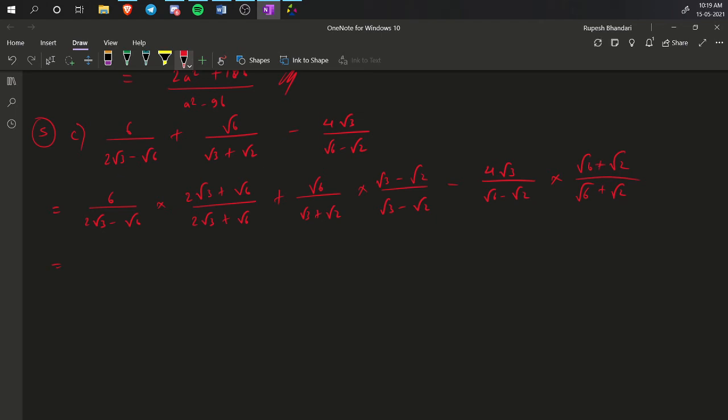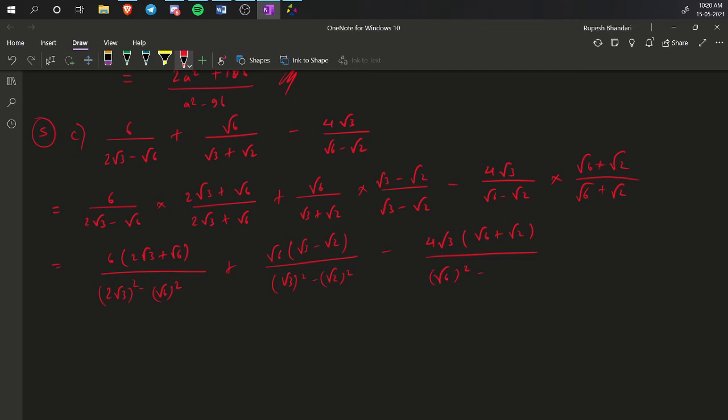So just multiplying everything with 6. So this will be basically 2 under root 3 square minus under root 6 square plus this is basically under root 6 under root 3 minus under root 2, and then that will be under root 3 square minus under root 2 square, minus and then 4 under root 3 and then you multiply under root 6 plus under root 2, yeah.